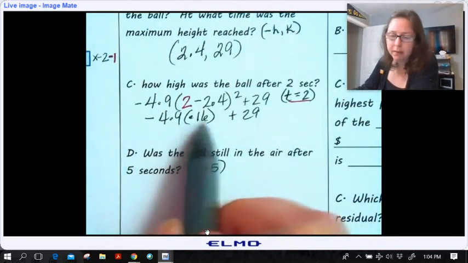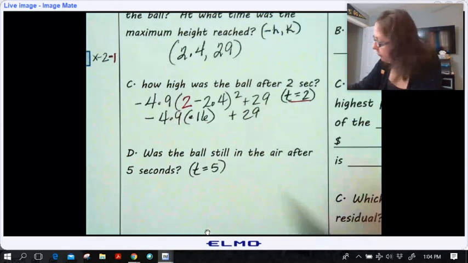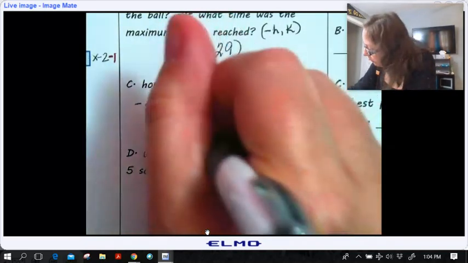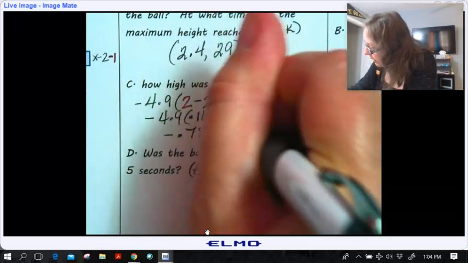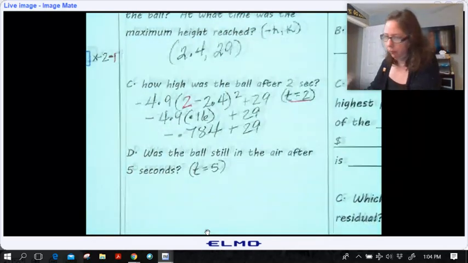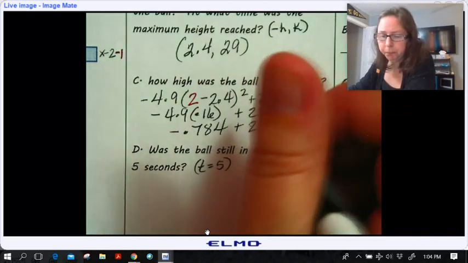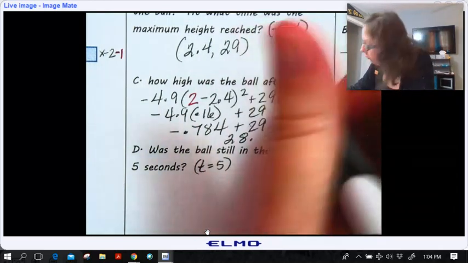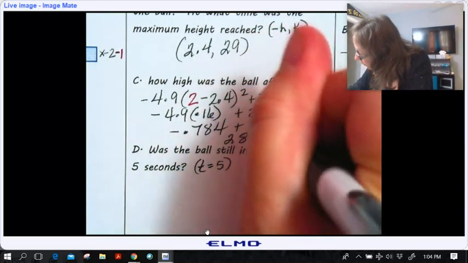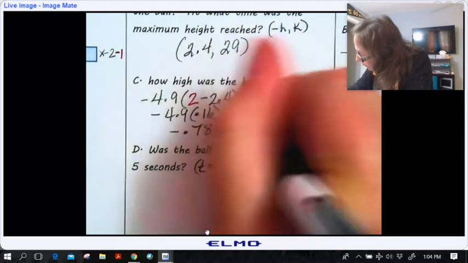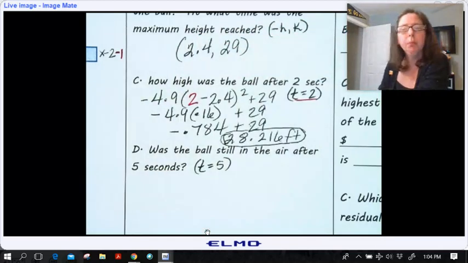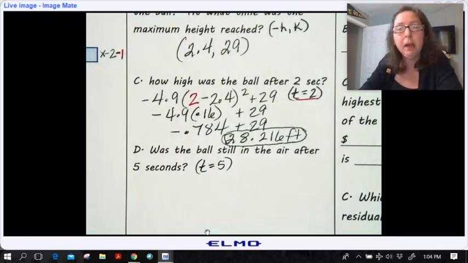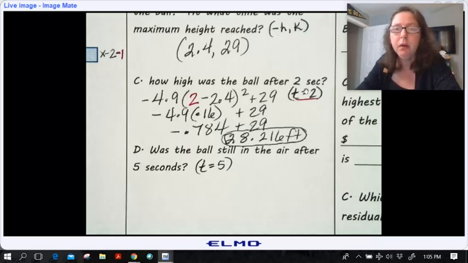So if I multiply these together, I'm going to get negative 0.784. And then I just need to add that to 29. And I'll get 28.216 feet. Most problems would probably just ask you to round that to the nearest whole number, but I'm trying to be extra specific. So that's how you could do it by hand, plugging in the value for time equals 2.